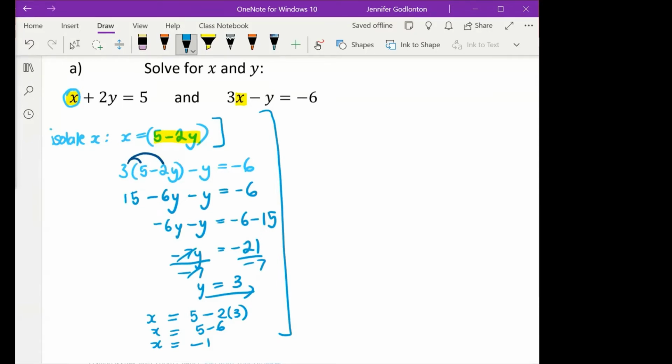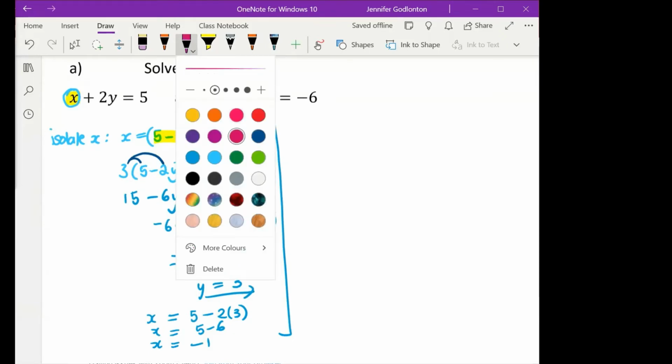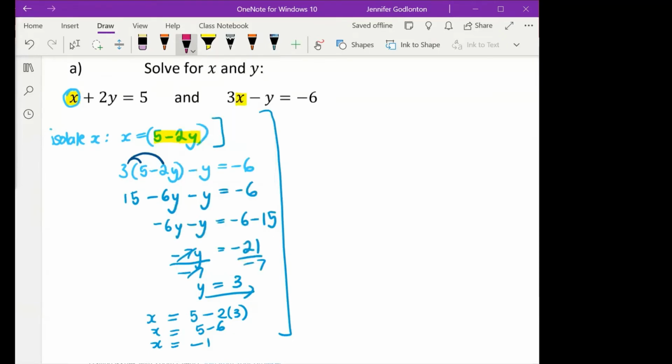Now we're going to look at the elimination method, but I'm going to warn you that the elimination method in questions like this is a bit tougher. So if you're feeling stressed by elimination, then maybe don't listen to what I'm about to say. Okay, so elimination, I have to have two things that are the same as each other. So I'm going to write this 3x minus 6y equals negative 6.